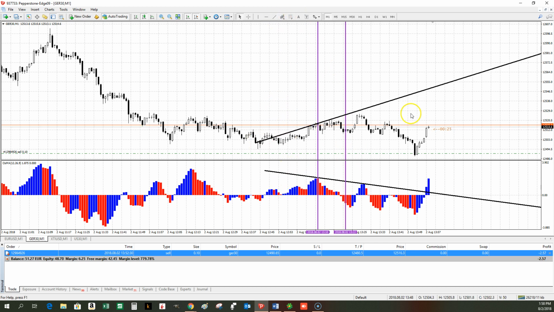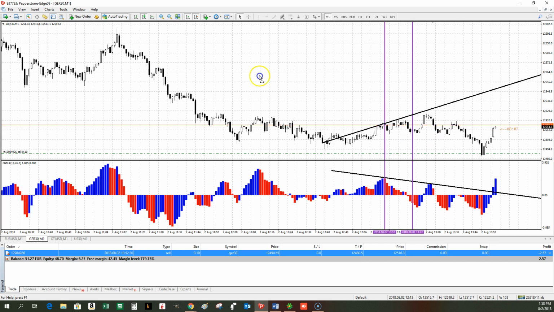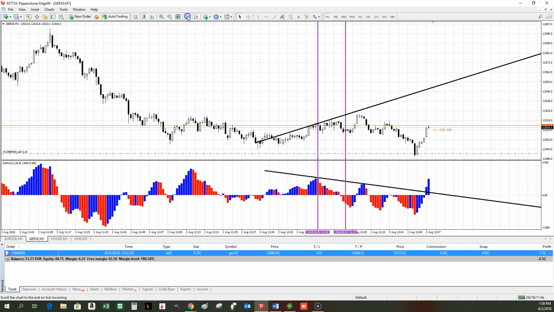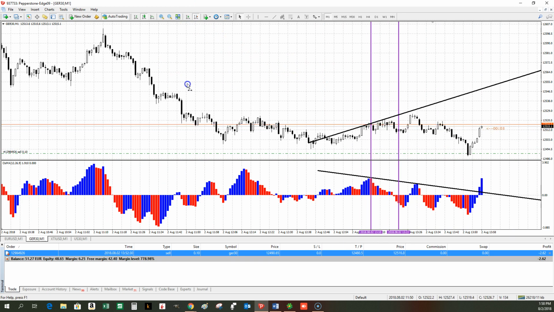You see? There's a negative divergence, and from this negative divergence, the DAX started to drop. Okay? So what we need to have is the same situation.